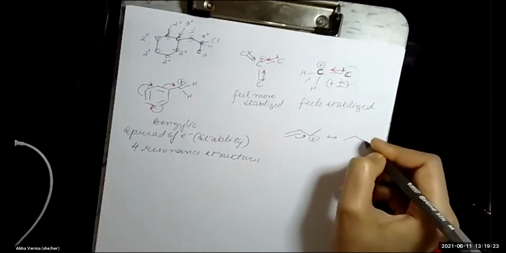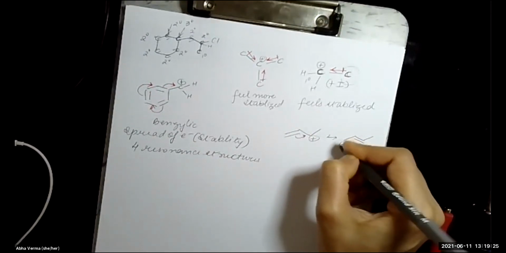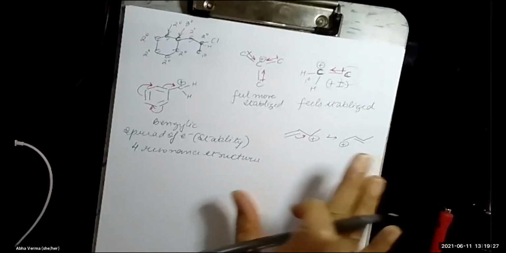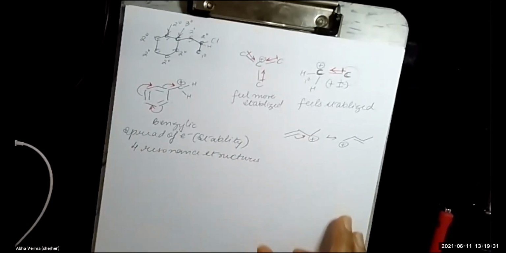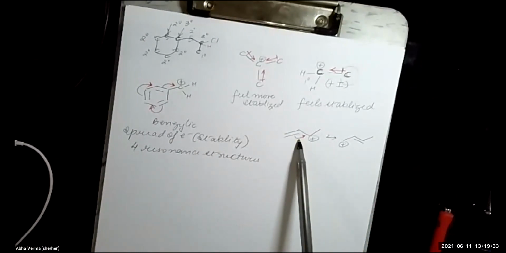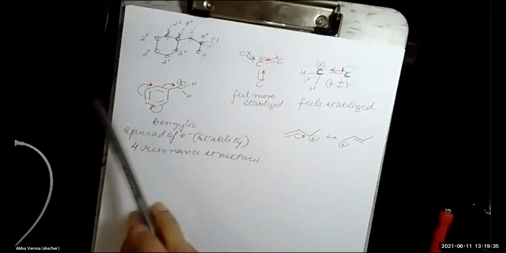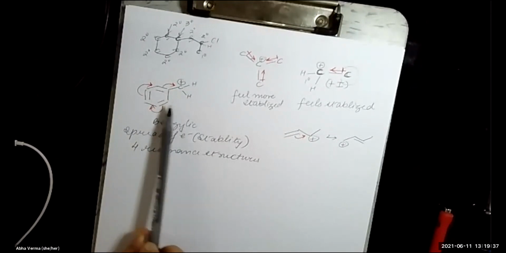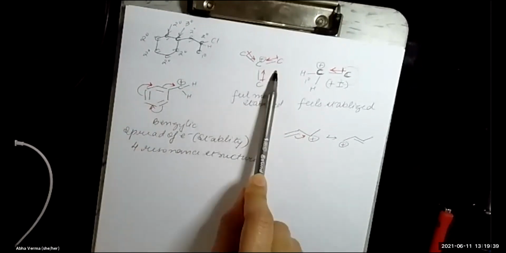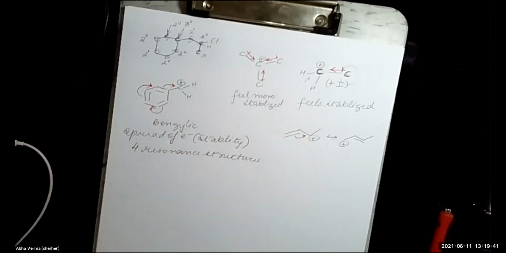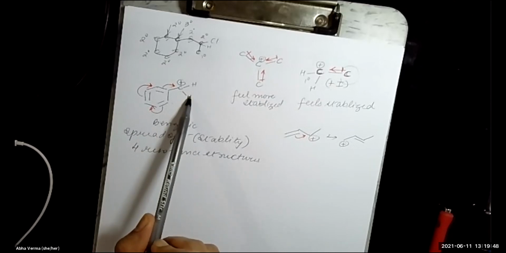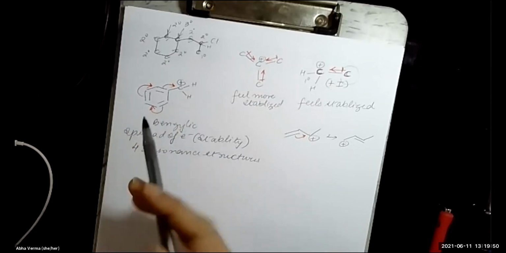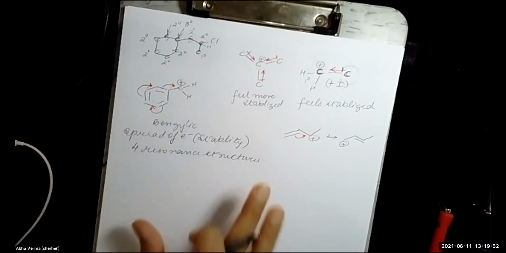So remember, this resonance is very important for your organic chemistry. You must understand how resonance stabilizes a molecule. So among a benzylic, a tertiary, and a primary, who would be the most stable form of a carbocation? A benzylic carbocation.